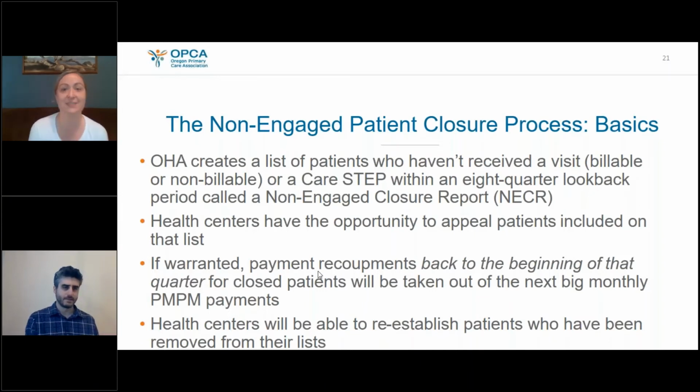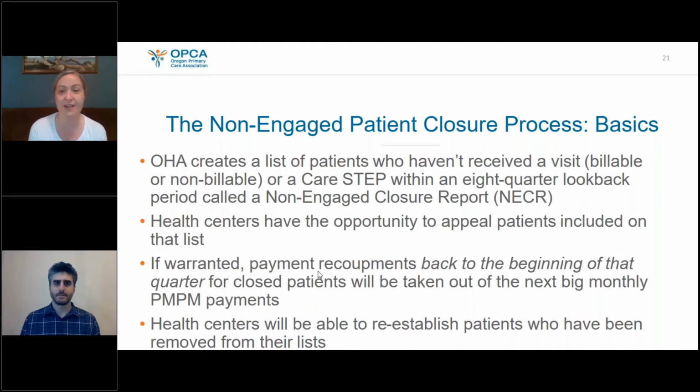OHA is the one to create a list of patients who haven't received a visit, and that can be billable or non-billable or a care step within an 8-quarter look-back period. That report is called the Non-Engaged Closure Report, the NACR for short, another acronym. Once health centers receive those reports, they do have the opportunity to appeal the patients included on them.